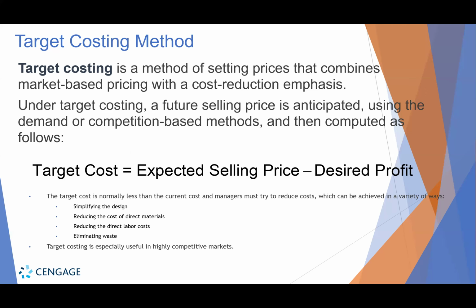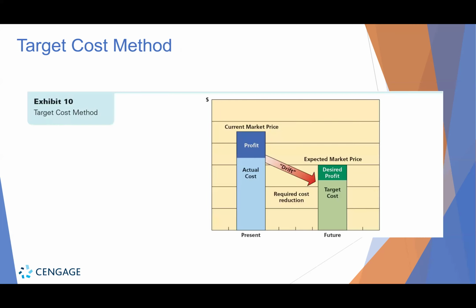So we look at target costing by thinking of our expected selling price less our desired profit. This is normally less than the current cost, and managers have to find ways of reducing costs in order to do target costing. You use this when the market is competitive.